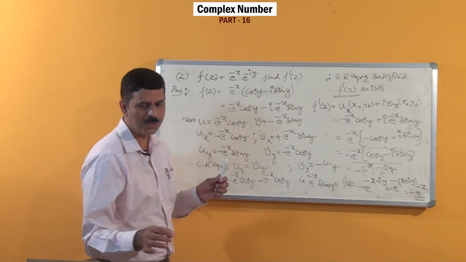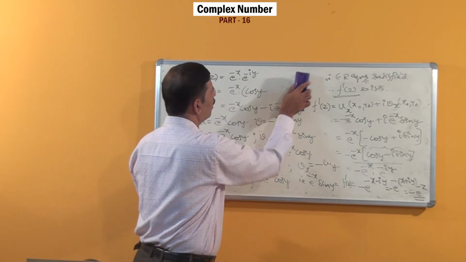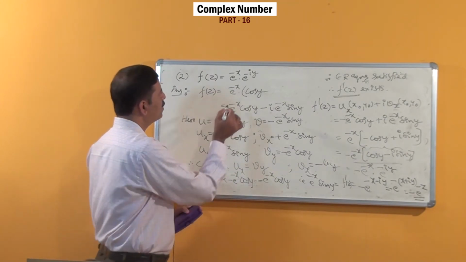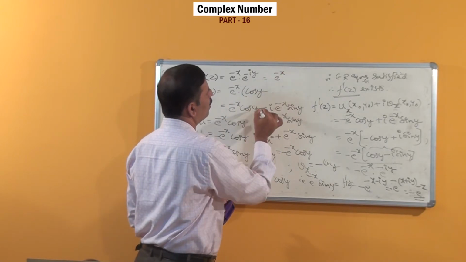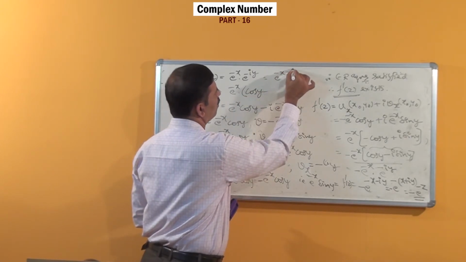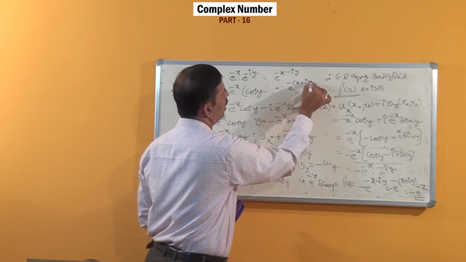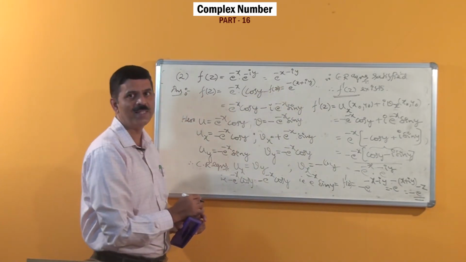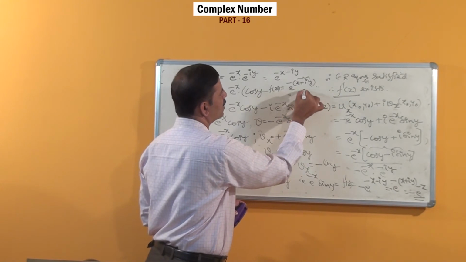Actually, for your knowledge's sake, I am going to explain that once again. If you observe the given function, it is e power minus x minus iy, that is, minus x plus iy, isn't it. You are writing it in terms of z.